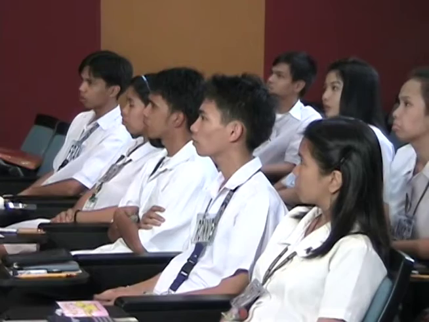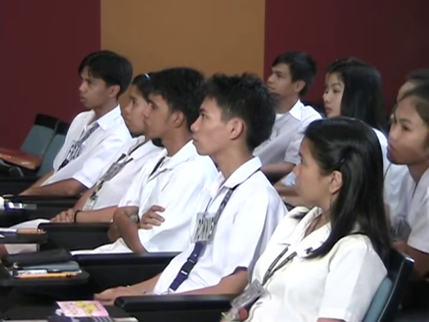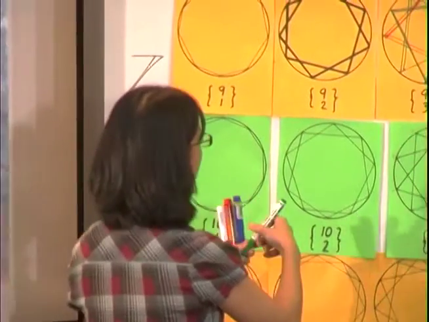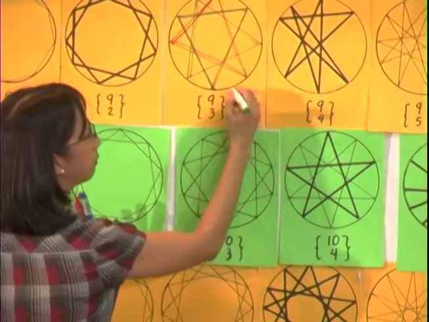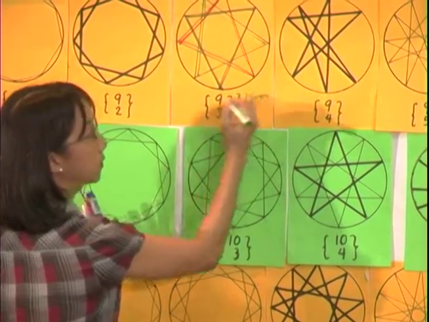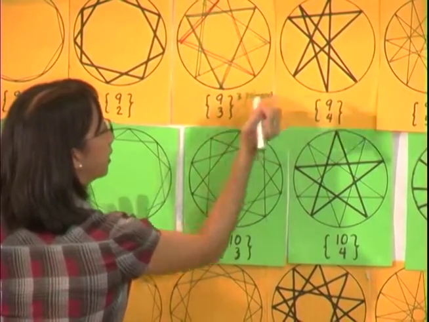So how many distinct figures were used? So we were able to get 3 polygons, right? 3 polygons of side, what's the side? 3, because they are triangles.